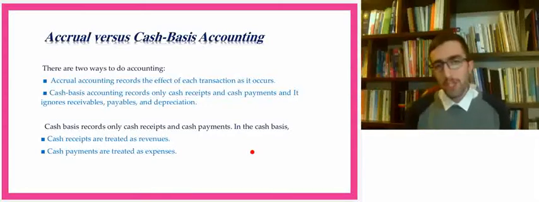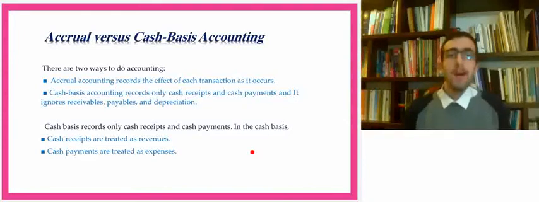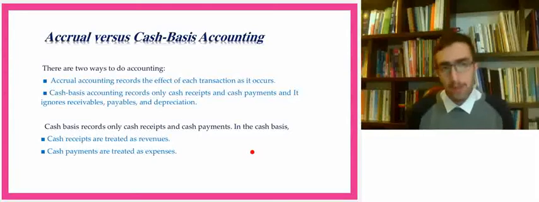The word depreciation we will explain in the next pages. But for now, just remember that under the cash basis accounting, we ignore all of the receivables, all of the payables, and depreciation. Most companies and businesses use accrual accounting, and only small businesses and small companies like retailers use cash basis accounting.